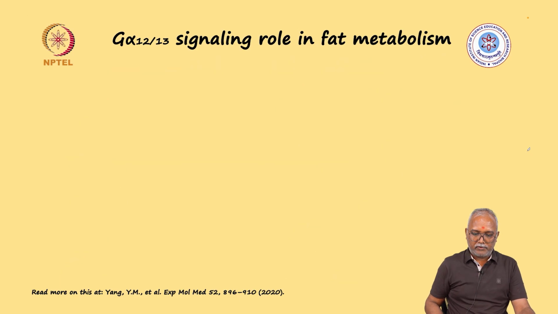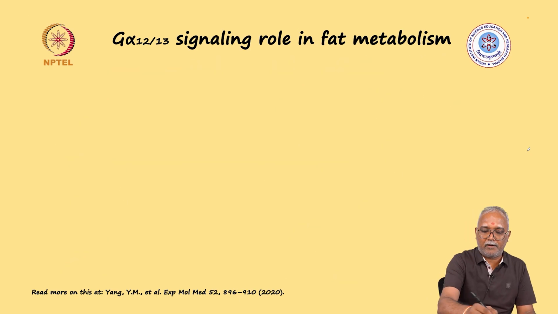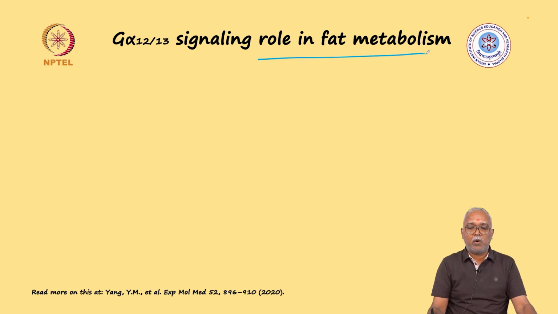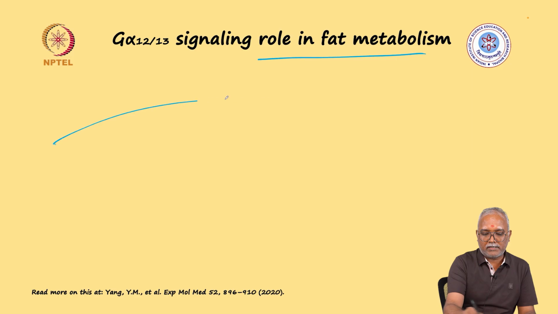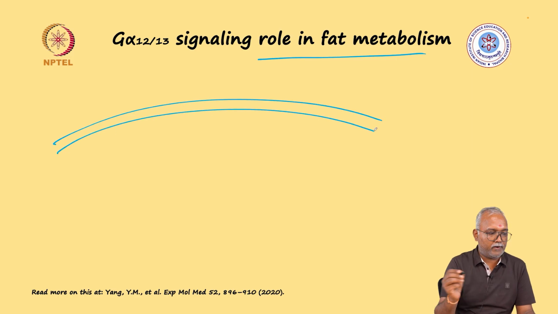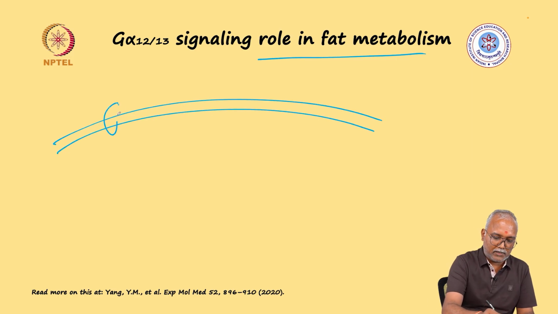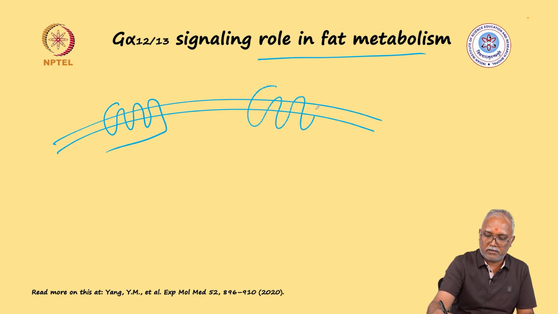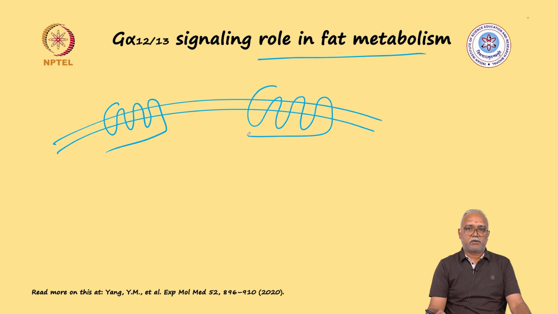The other example available for G alpha 12-13 is in fat metabolism, and how the condition of the organism allows switching between one type of metabolism process versus the other, and how different G alphas are involved. So again, consider a scenario where you have this GPCR present on the membrane, and this is another GPCR present on the membrane.